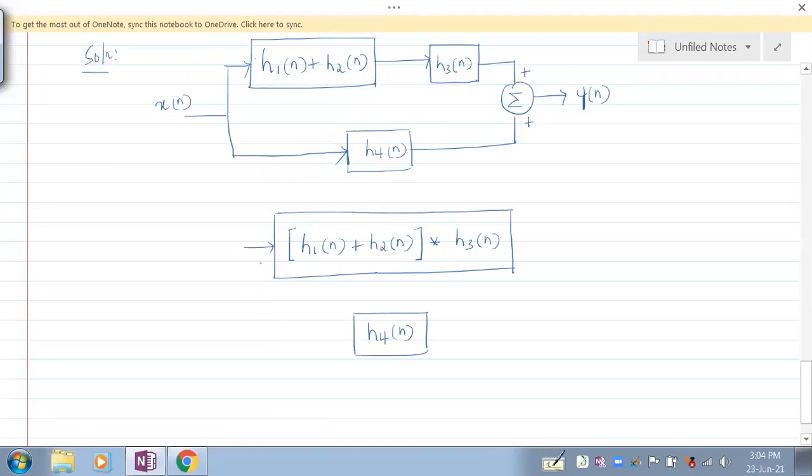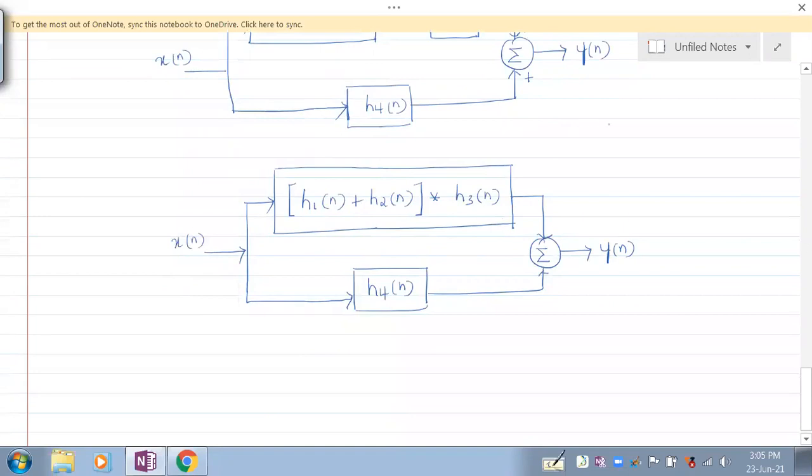Understand? Since they are in parallel, the same input will be applied and the outputs will be added or summed up. So we need to show arrows here. Otherwise, it's incomplete. So now what you will do with this is what we need to be looking at. Again, you have the parallel connection. Parallel connection means you need to be adding them up. And another thing that you are not supposed to miss is these plus signs.